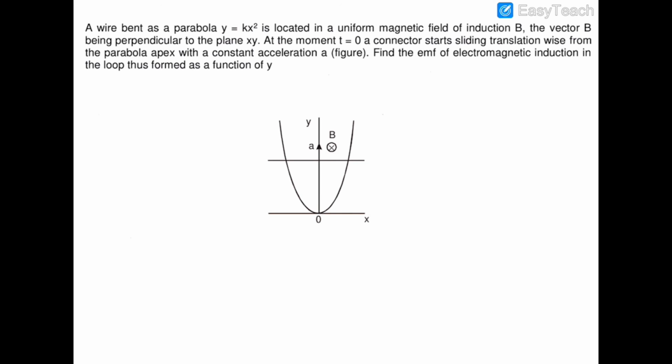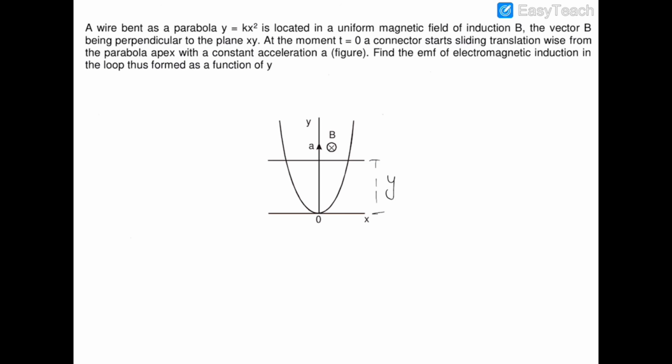It is given that this rod is at a distance y from the origin at some time t, and we have to find the magnitude of induced EMF in this rod at this time.